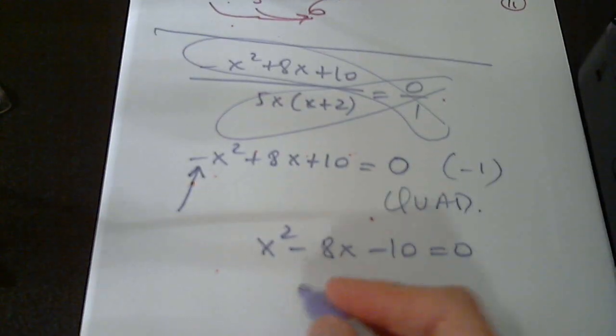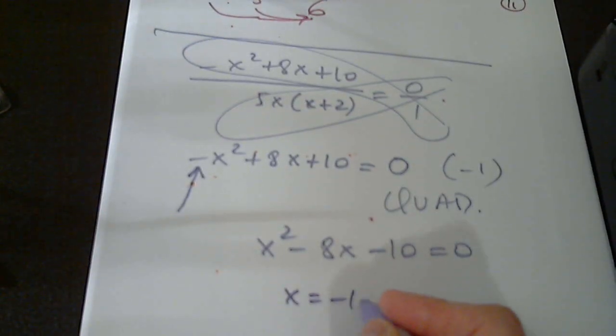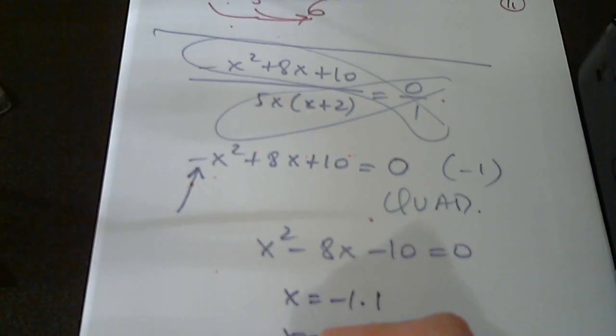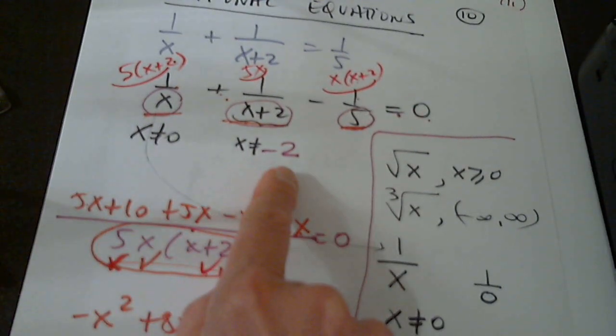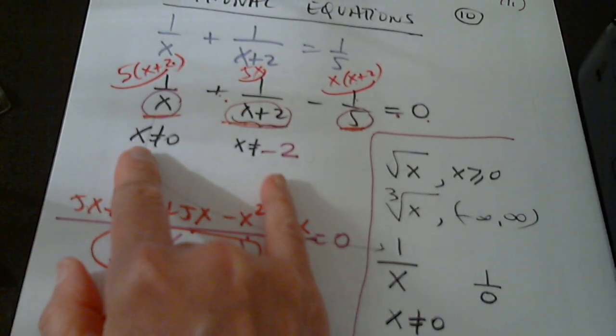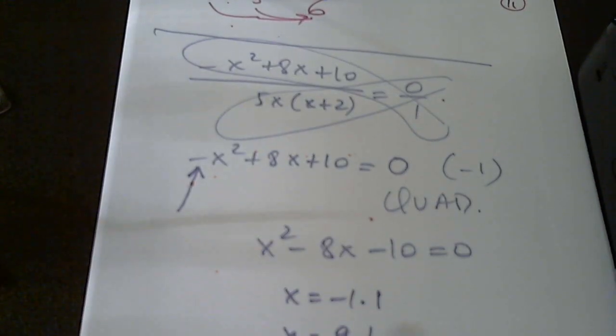So there is one x, which is -1.1, and the other one 9.1. Now here I have to be very careful and just make sure that it's not 0 or -2. Those are not allowed. Are they 0 or -2? No, they're not. So this is it.